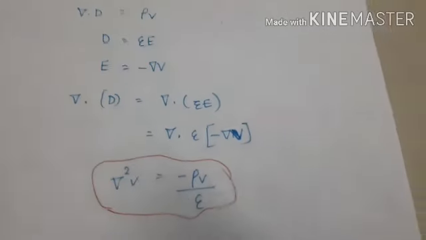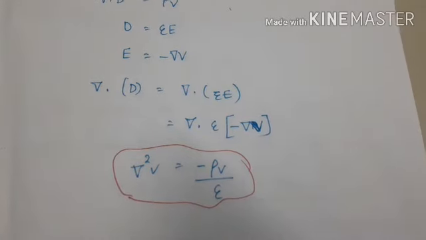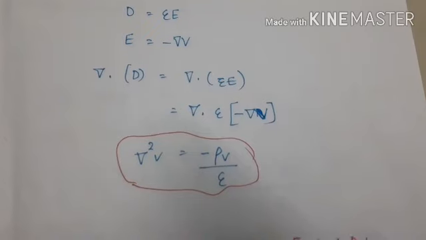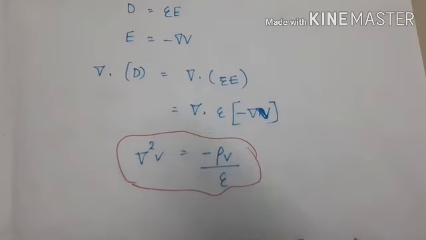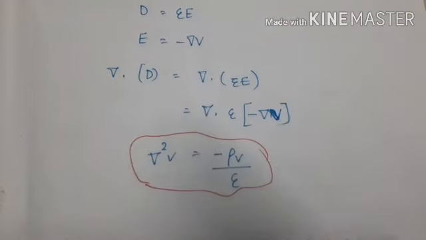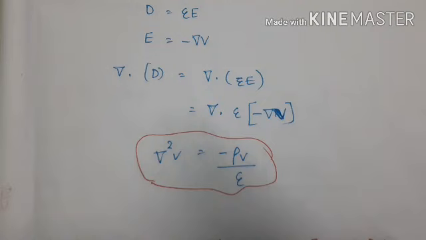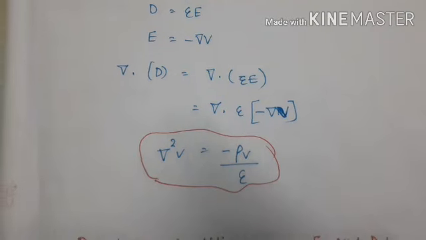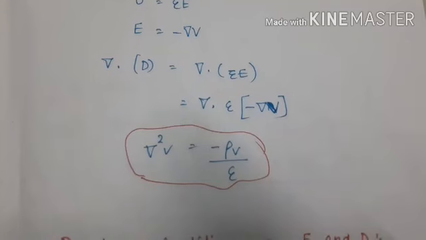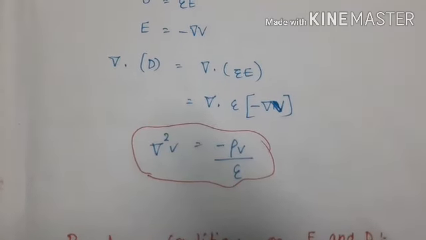This is the derivation, not only derivation, proof for this Poisson's equation from our point form of the Gauss law. Right? Then how can we achieve this Laplace equation? When the volume charge density is 0, this del squared V will become 0. That is said to be the Laplace equation, right?